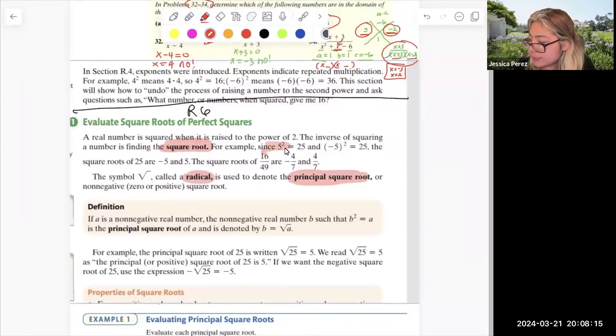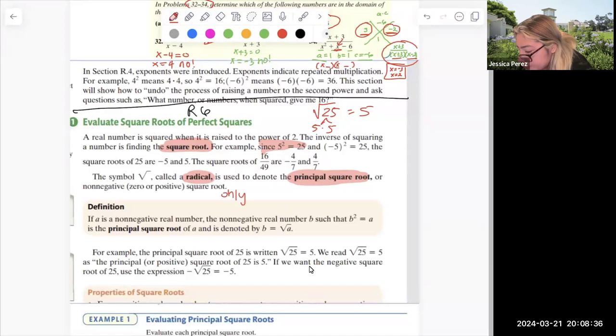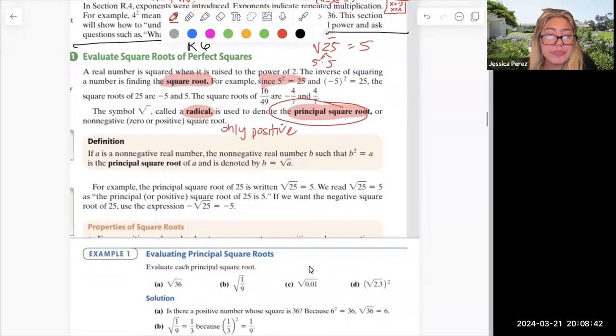For example, the square root of 25 is 5, because this is 5 times 5. A radical is also named as a root like this. There's this principal square root where it's only positives. When they ask for the principal square root, they're only asking for the positive number.